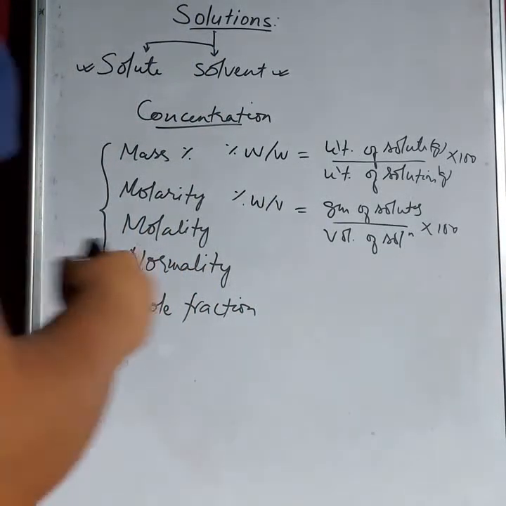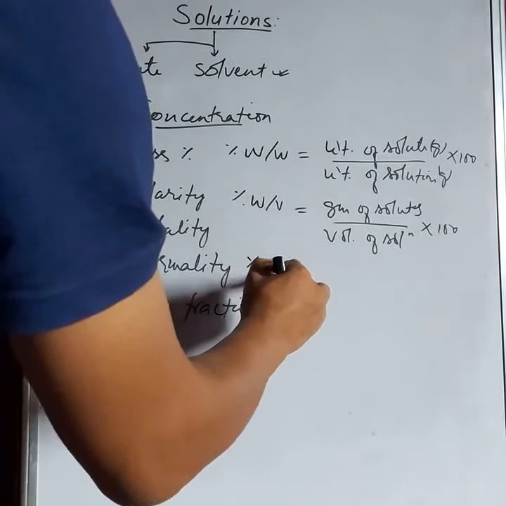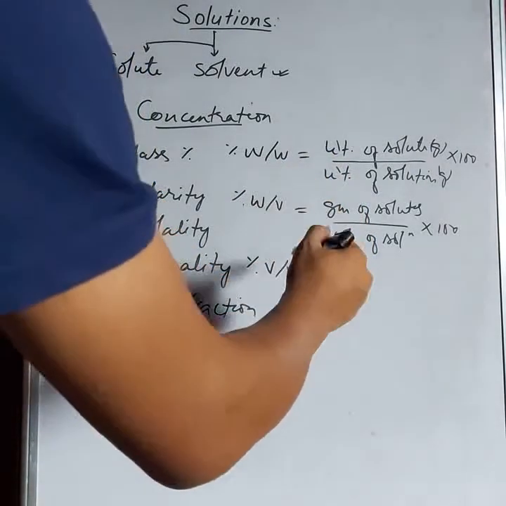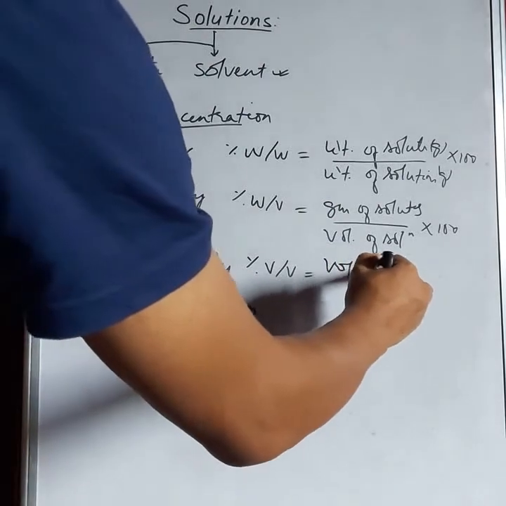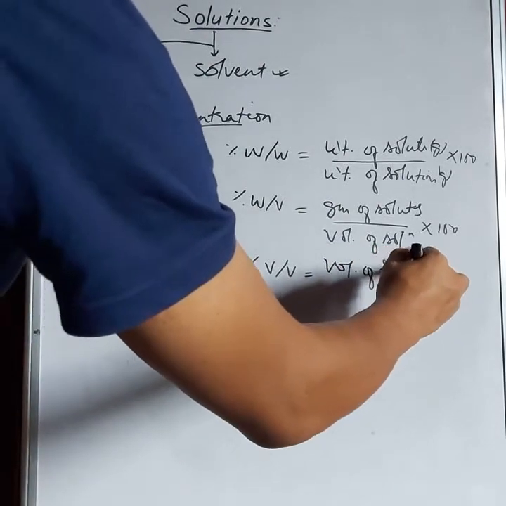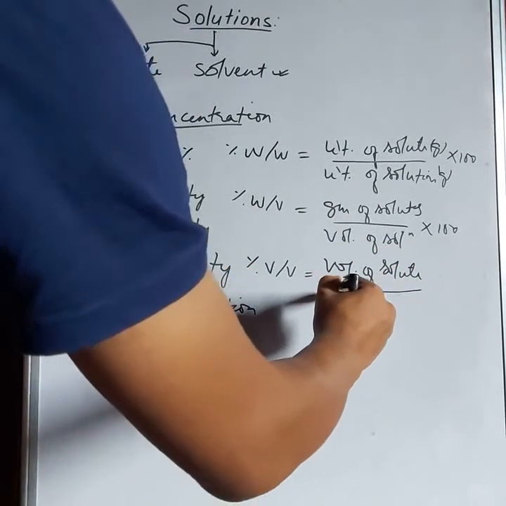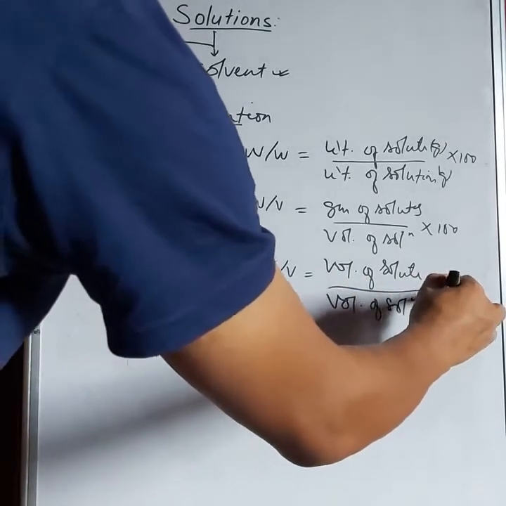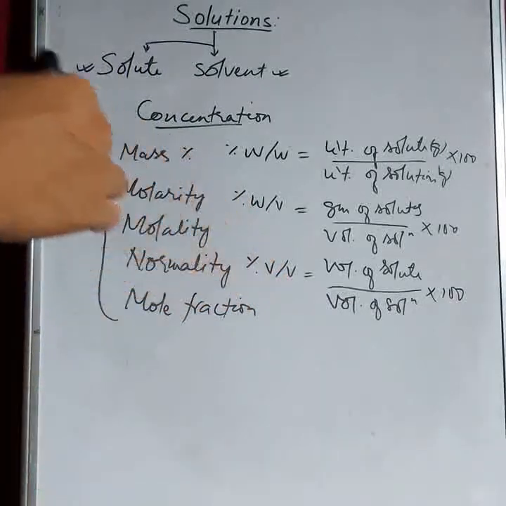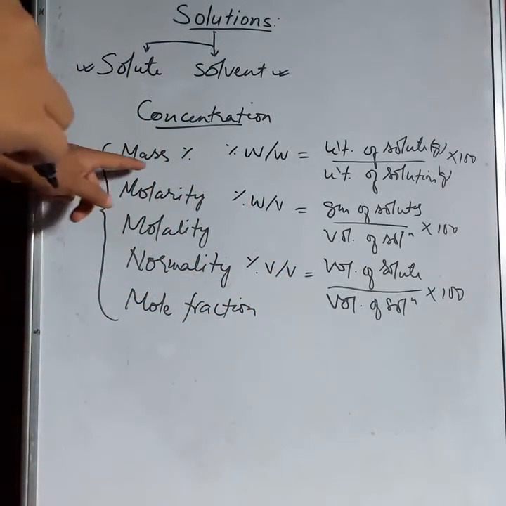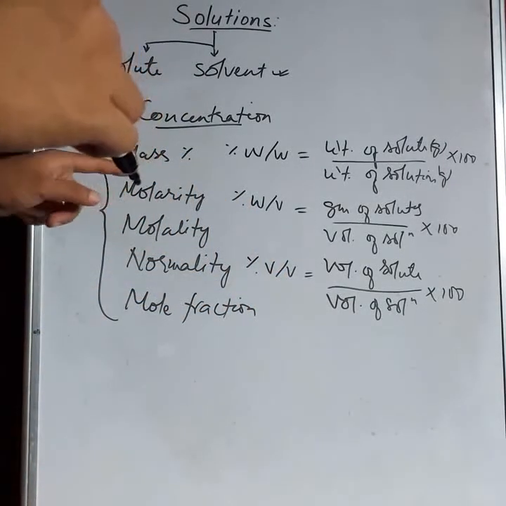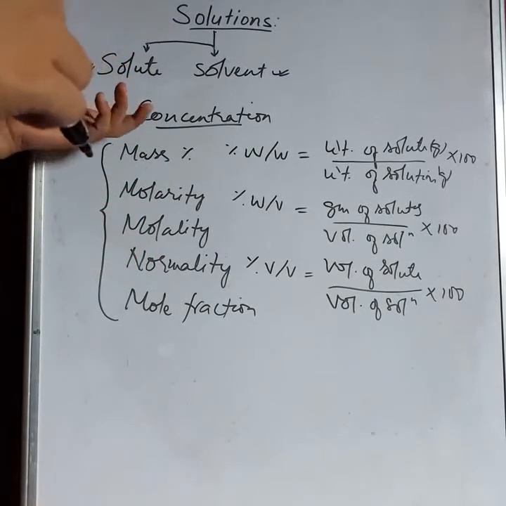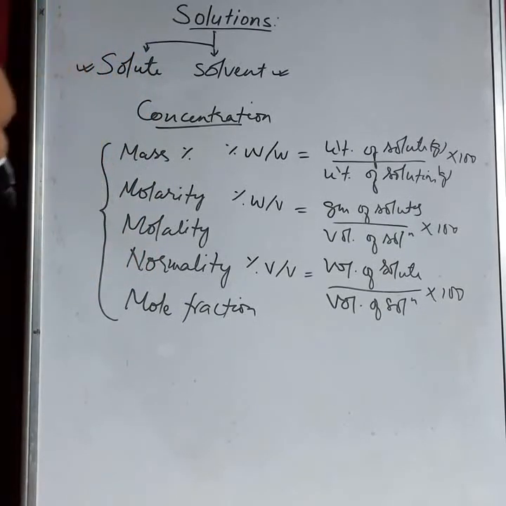And if it's volume per volume, then we can calculate by volume of solute over volume of solution into 100. That's how we calculate the different percentages of the mass in a solution, or to find the concentration.